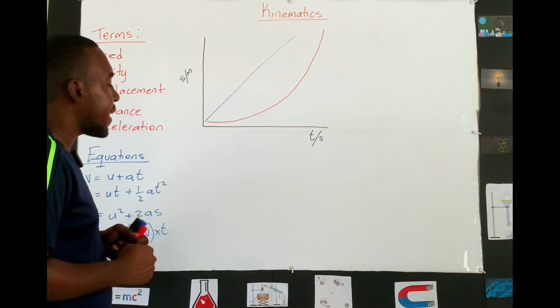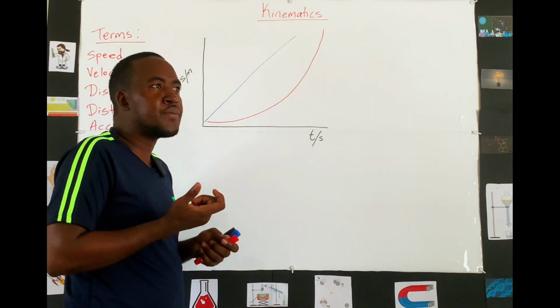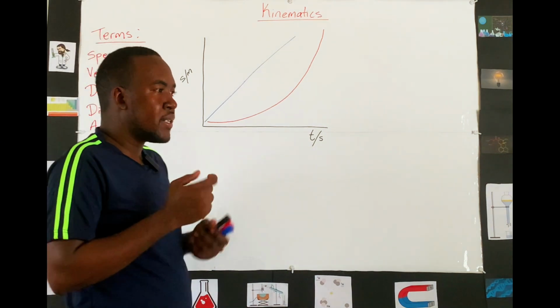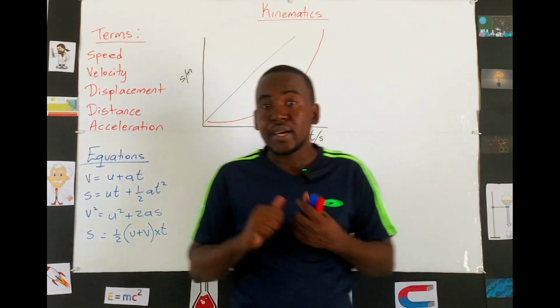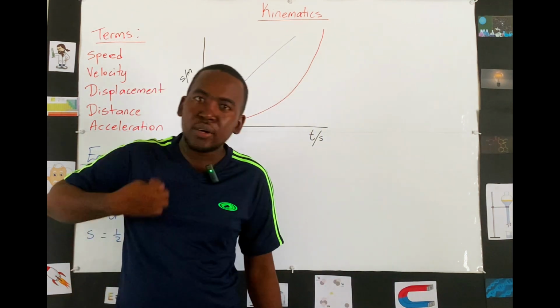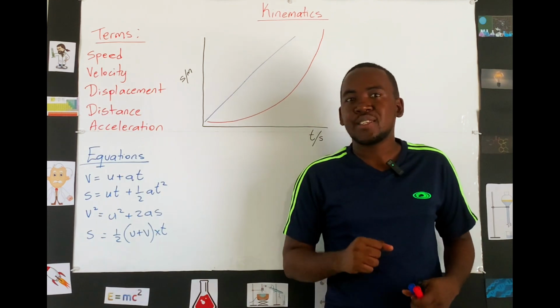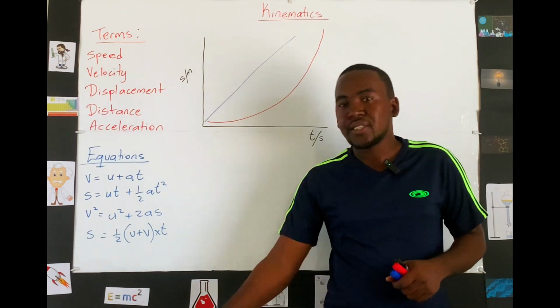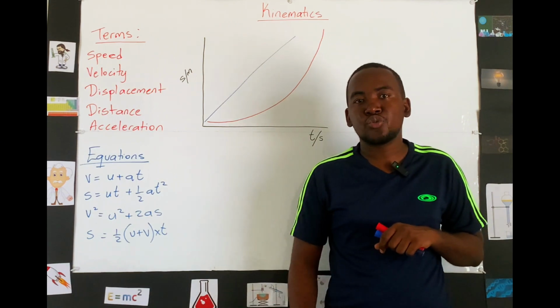Displacement. Displacement is also a vector quantity which regards distance, but more specifically, it compares the starting point to the end point. So if I started here, I moved around, and then I end up here, my displacement is from the starting point to where I ended. What's the distance between those 2 points?